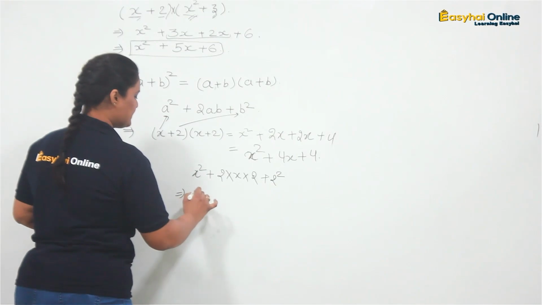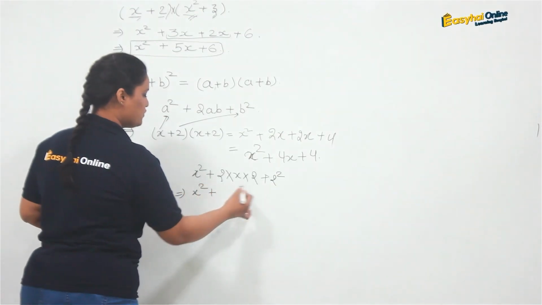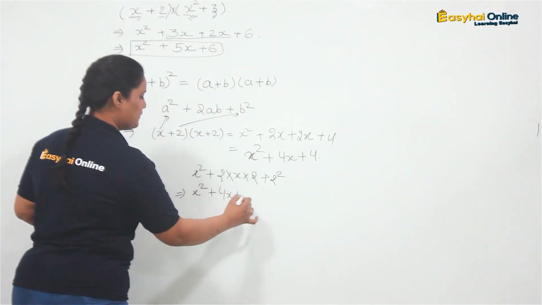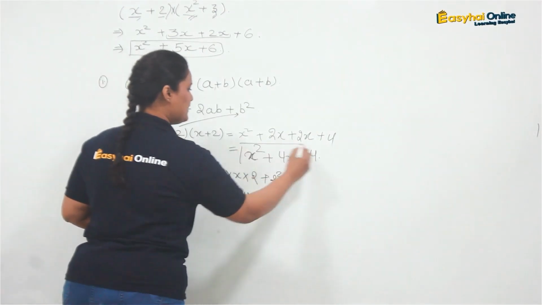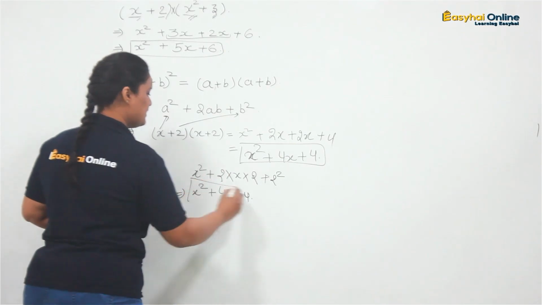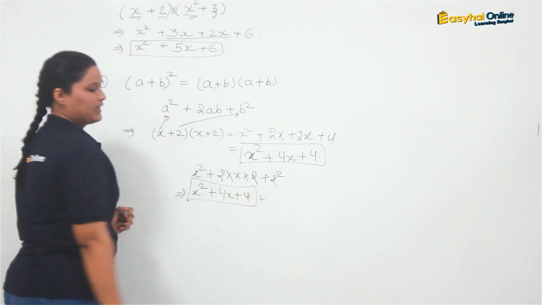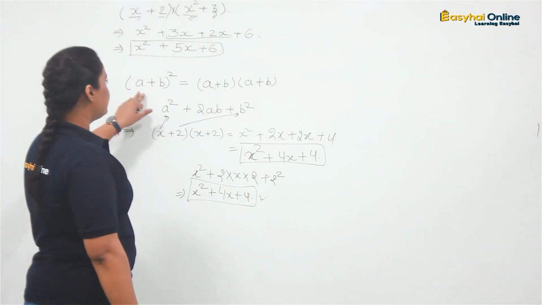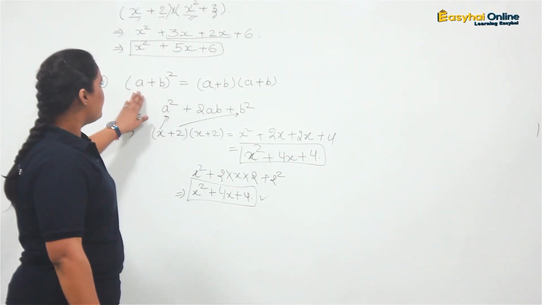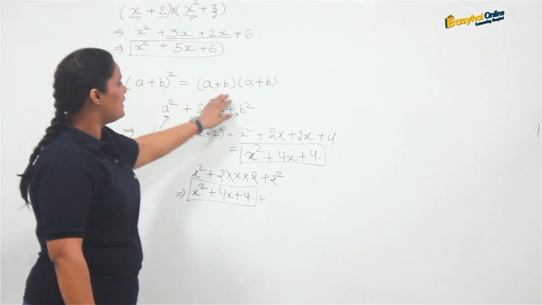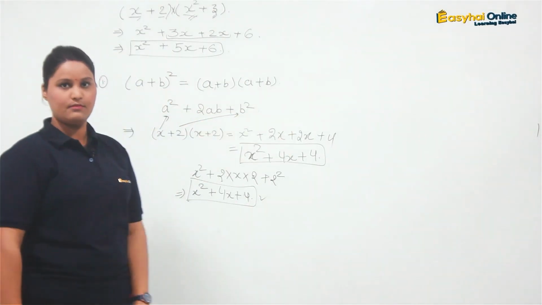So it is x square plus 4x plus 4. Hence, we can say that the answer is the same in both conditions. And this identity is universal in all cases when we multiply a plus b into a plus b.